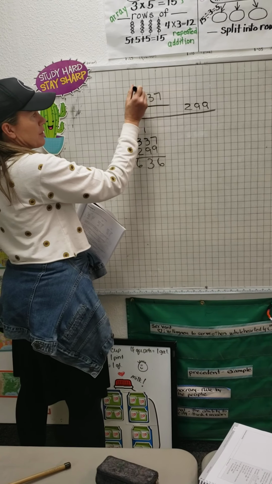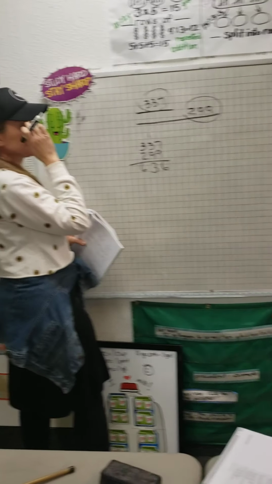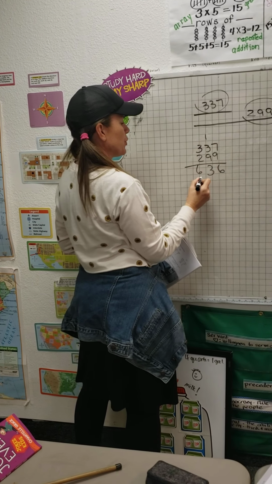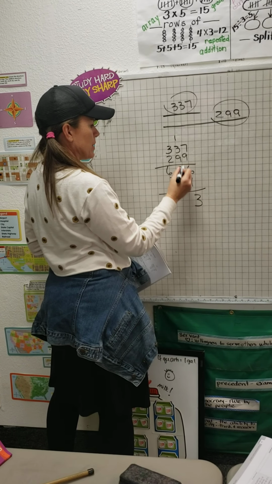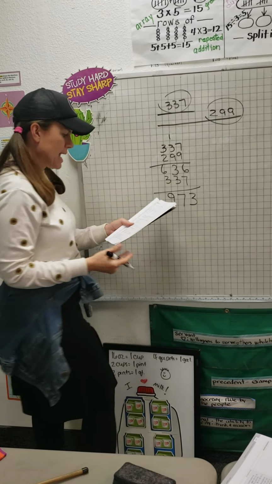So that's the 337, the 299 is 636. Plus I have to add this part, which was the 337. So we can add this, and that would end up being 973. So 973 boxes of cookies.